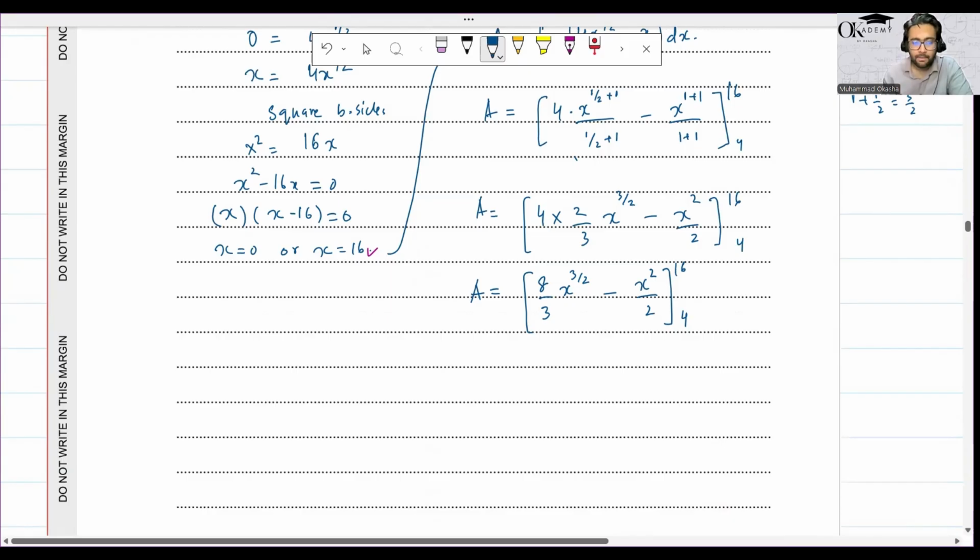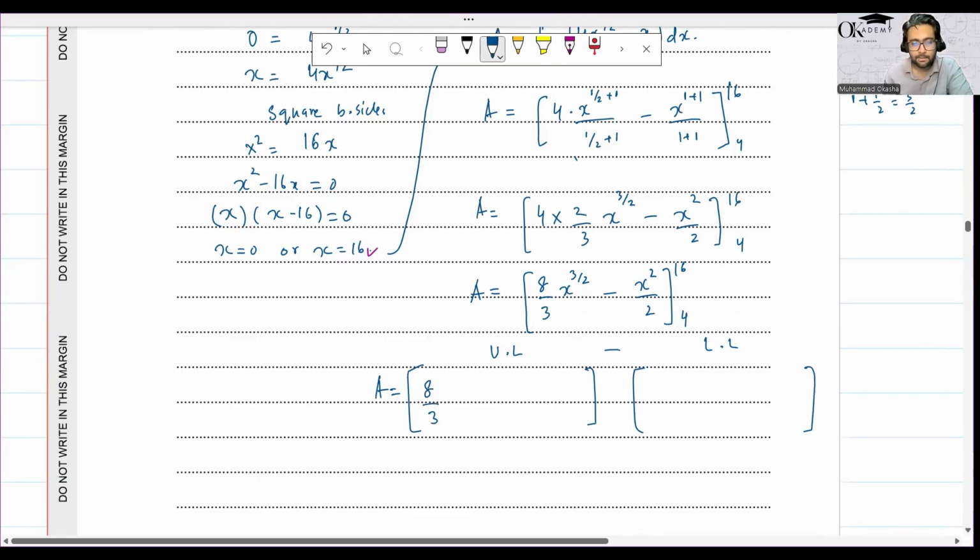All right. Now the area is going to be, in the first bracket, I'll put the upper limit. I hope you remember this: upper limit minus lower limit. In the next bracket, I'm going to put the lower limit in place of x. So I'll write 8 over 3.